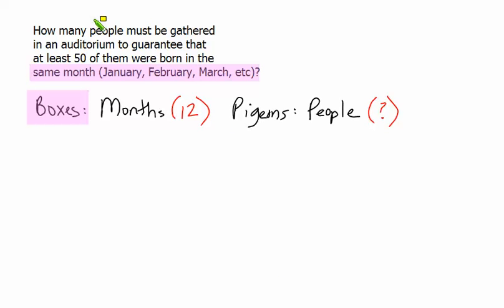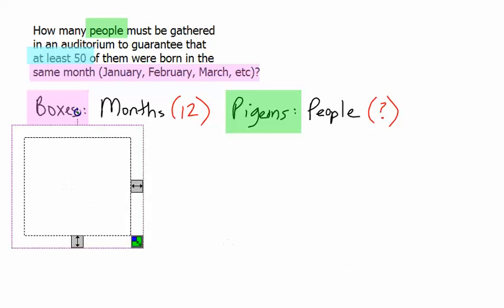The other aspect of the problem becomes the pigeons. So in this case, the pigeons are going to be the people. But notice that we don't know how many total people there are. Yet, we want at least 50 people to be born in the same month.